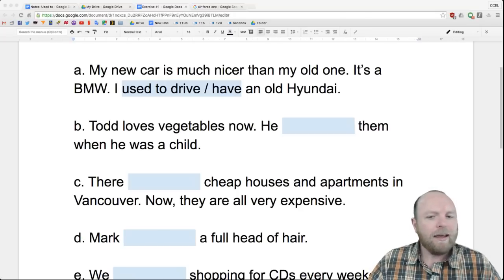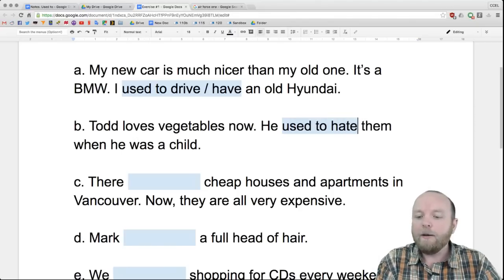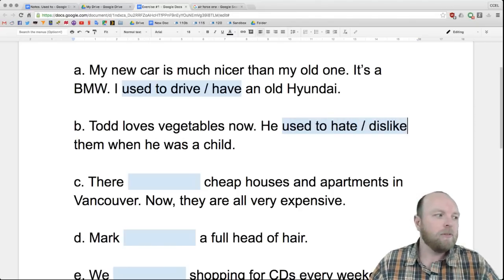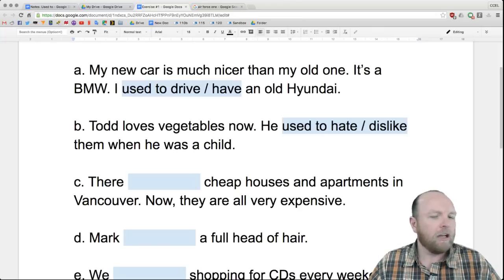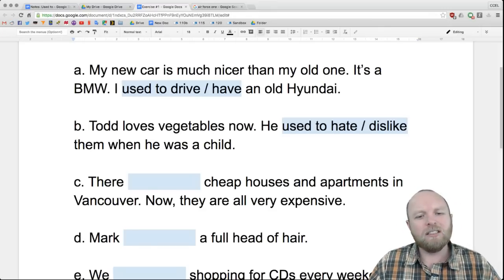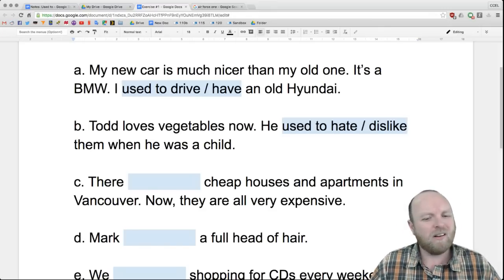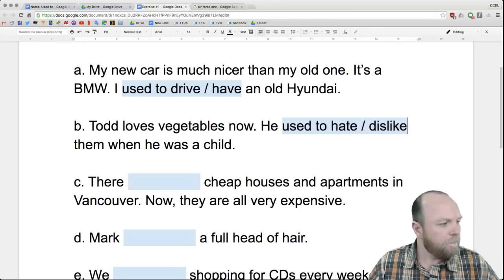Well, maybe we'd say he used to hate them or dislike them when he was a child. Yeah, Selma, good job. He used to hate. Kaio, used to deny them? No, that's not the right verb, Kaio. Risvana, used to hate, good job.